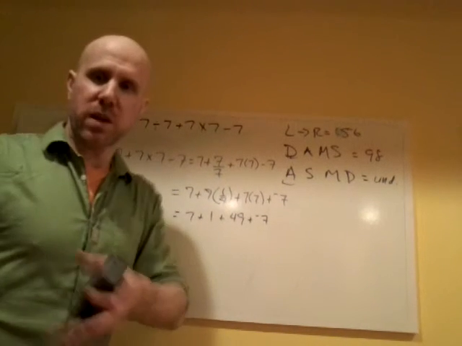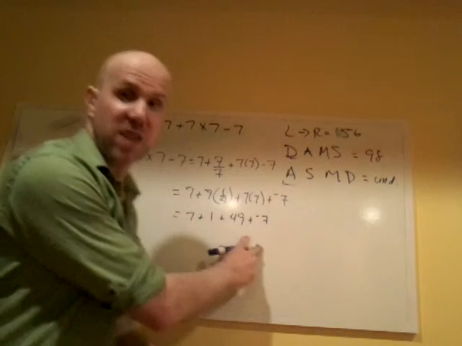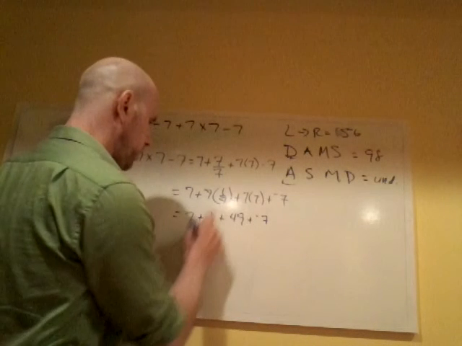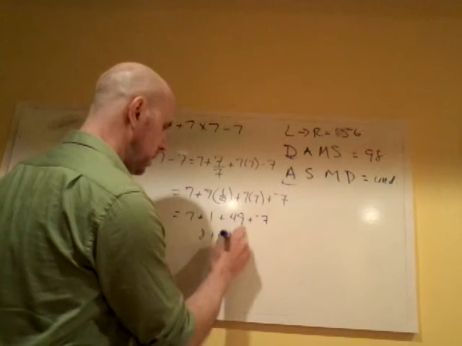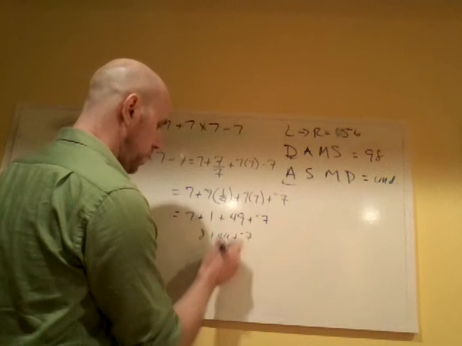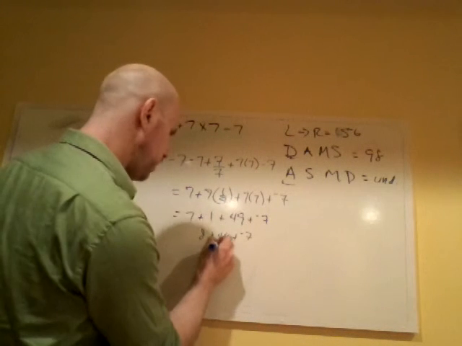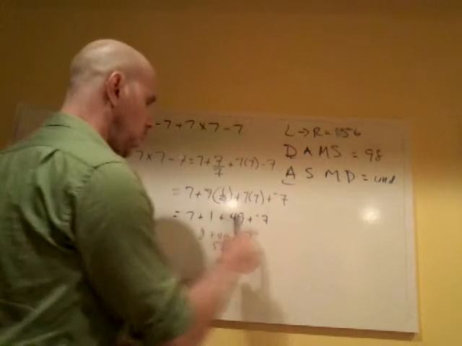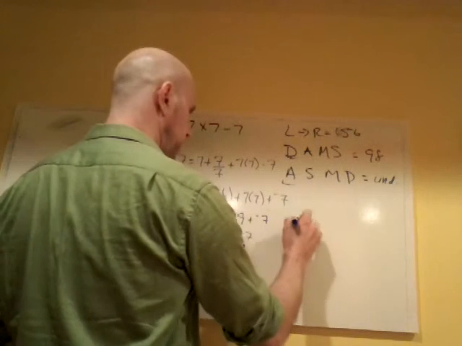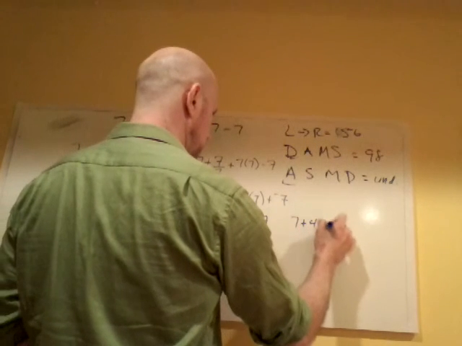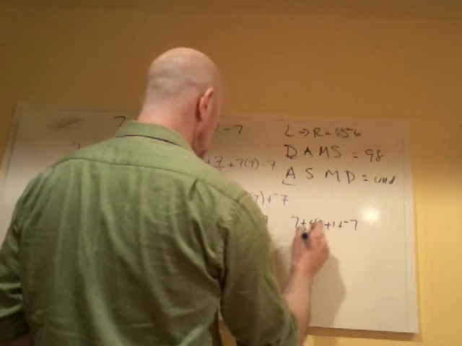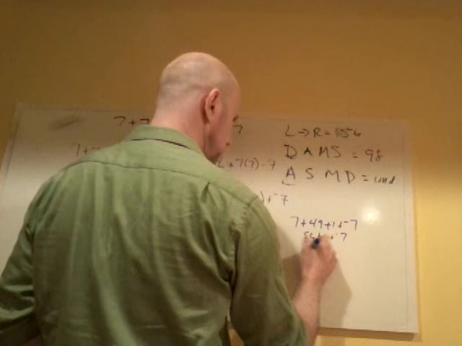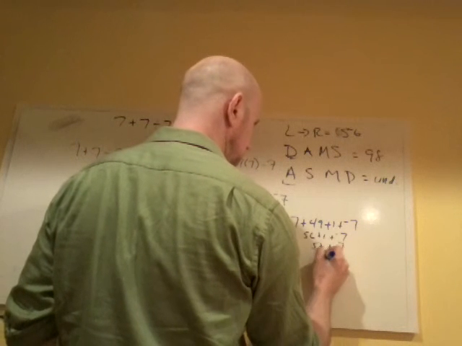Now here comes an interesting thing. However I add these up, I'm always going to get the same answer. 7 plus 1 is, straight up, 8, plus 49 plus negative 7. All right, 8 plus 49 is 57, plus a negative 7, which is 50. Fantastic. Well, if I add them up 7 plus 49 is 56, plus 1 plus a negative 7, 57 plus a negative 7, or 50.